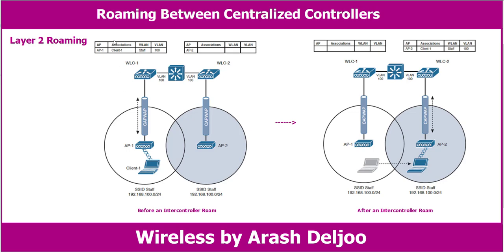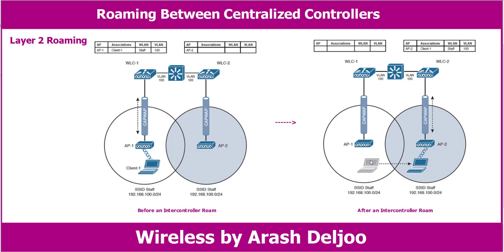AP is AP1, association is client 1, and the WLAN, for example the BSS that this AP provides, has the SSID staff, and the VLAN number is 100. And as you can see, this is the result of a client roaming to AP2 in the right figure.